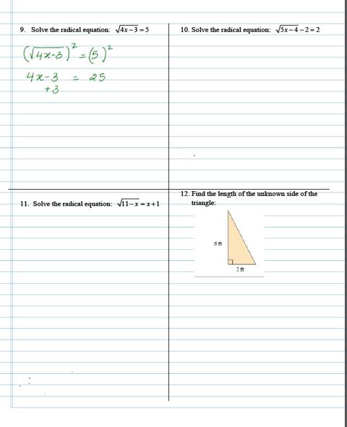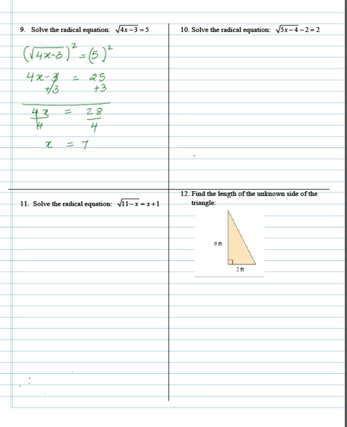Add 3 on both sides. I get 4x is equal to 28. Divide by 4. x is equal to 7. Your final answer. Now let's go ahead and look at the next one.